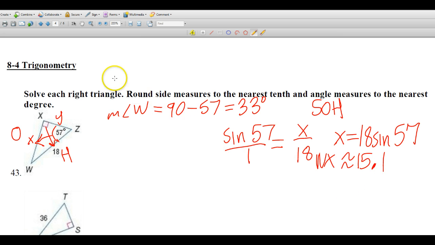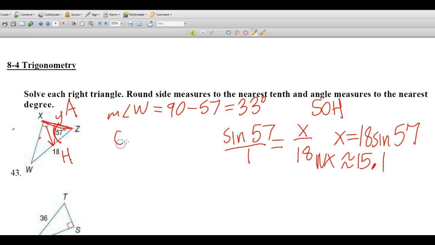Okay, and we also need to find y, or XZ. So I'm going to get rid of this information here just so I can focus on what I'm looking for. So I have this angle, and I'm given this side, which is the hypotenuse, and now I'm looking for this side, which is adjacent to the angle.